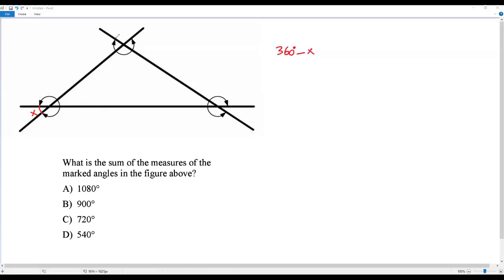Now let me assume the angle measure over here as y. And we know that the angle of a full circle is 360 degrees.